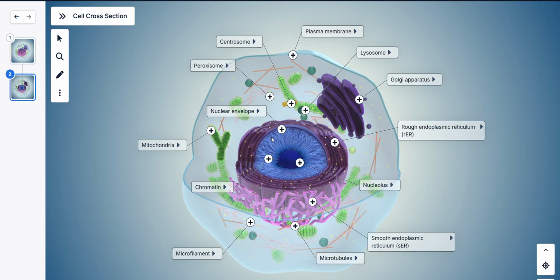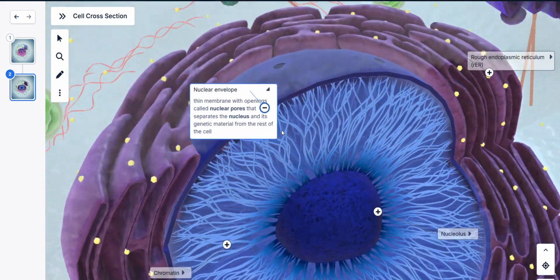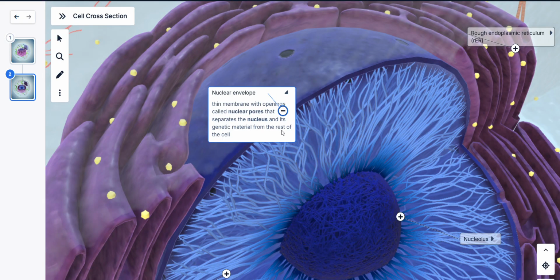Okay, first we understand the nuclear envelope, or the nucleus membrane. It is a thin membrane with openings called nuclear pores and separates the nucleus and genetic material from the rest of the cell.